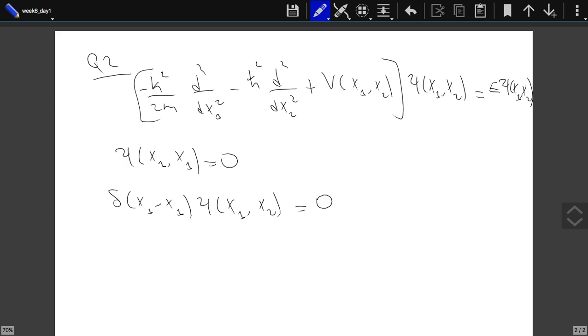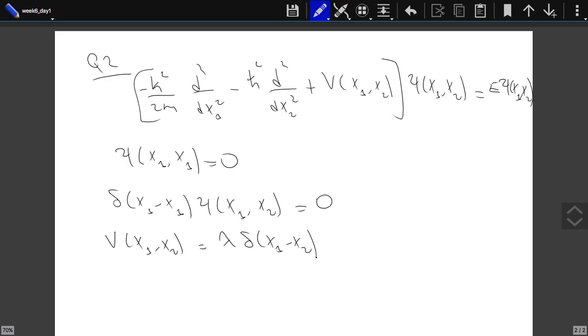You have actually calculated the first order corrections, and it turned out to be 0. In fact, at any order, the corrections would be 0. Why doesn't the fermion feel it? Well, the potential we chose is equal to lambda Dirac delta (x1 minus x2).